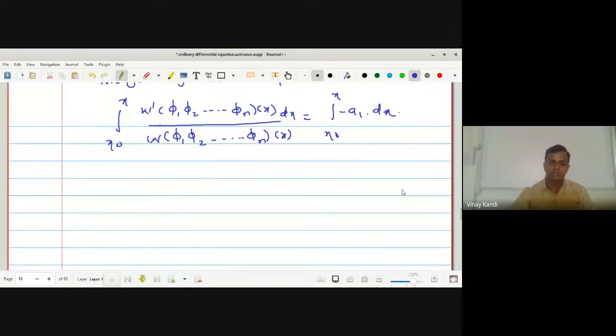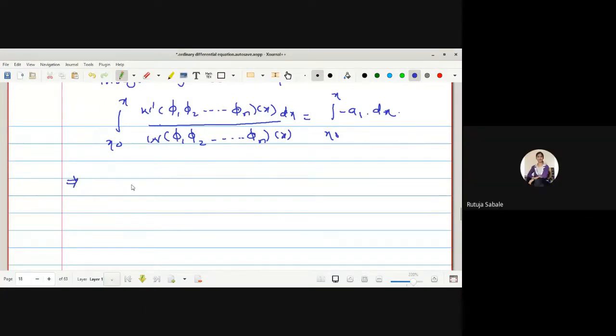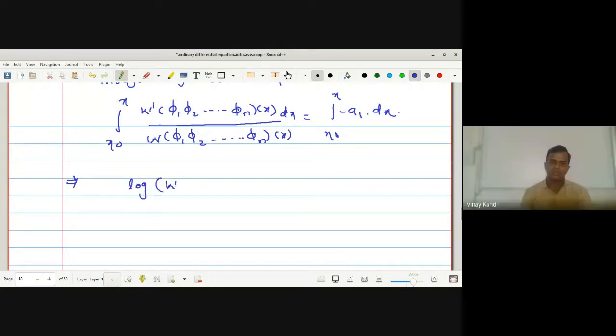What is the integration of this one? Log of Wronskian of phi 1, phi 2, up to phi n of x from x naught to x, and this one is minus a1 into x, the bracket x naught to x.